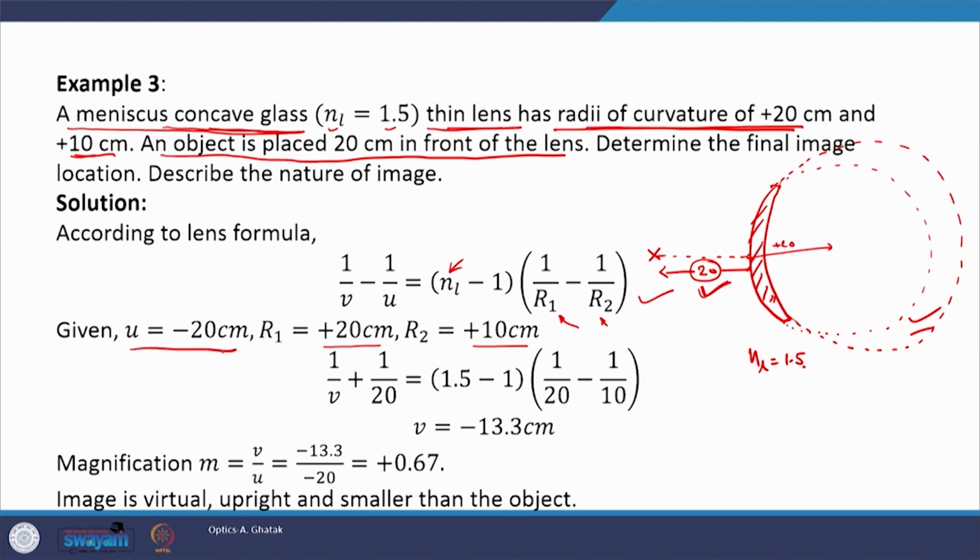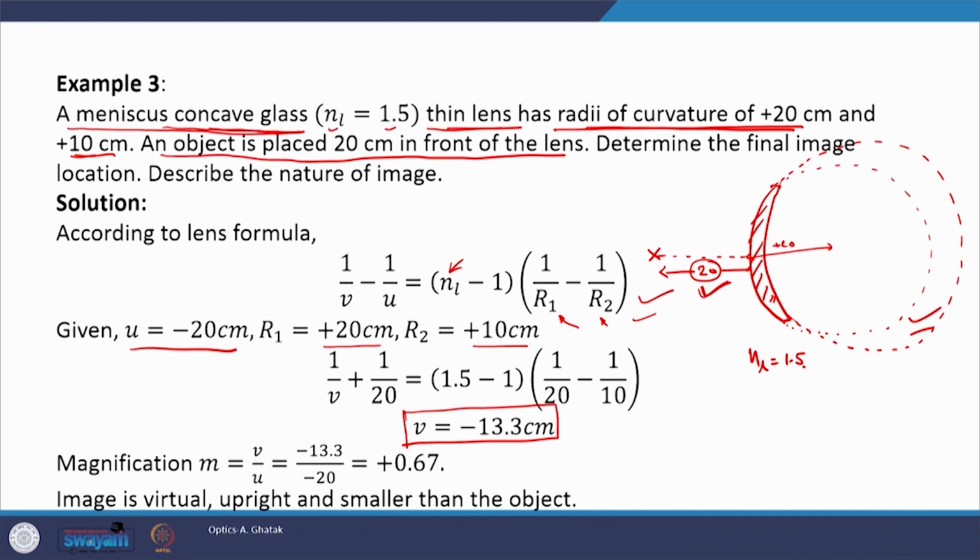Therefore, U would be minus 20 centimeter, and after substituting all these into this lens formula, we get the value of V, which is the position of the image. Since V is negative, the image would be formed on the left hand side of the lens system.